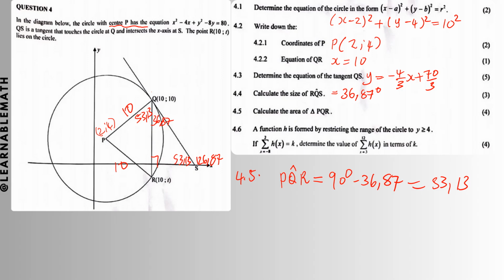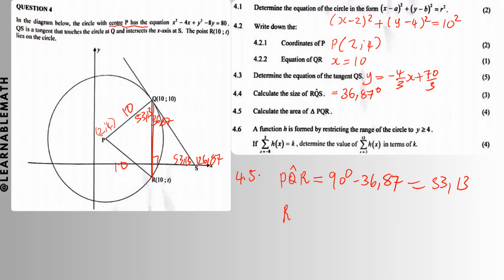So I have this side, I have an angle there, so I can get this length, so that I can get the area using the area rule. Okay, so for that one, this length here, we need to know what T is equal to, so that we know the distance of RQ, right?